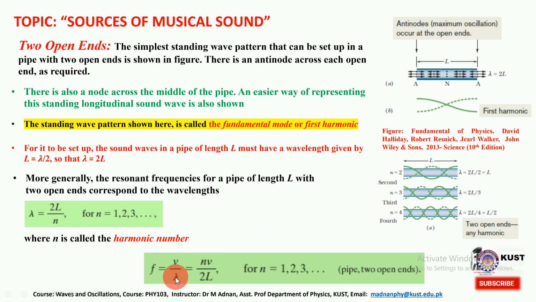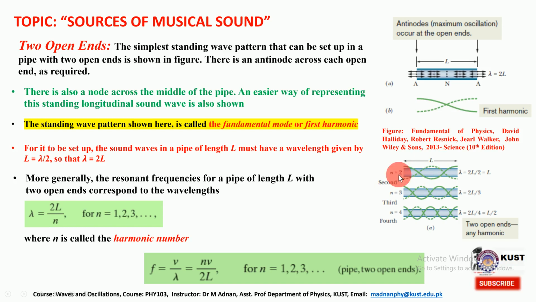So the lambdas are changing, because for different harmonics we have different lambdas, and once lambda is changed, that means the frequency is also changed. You see, in the first case we have one lambda, for the second we have another lambda.